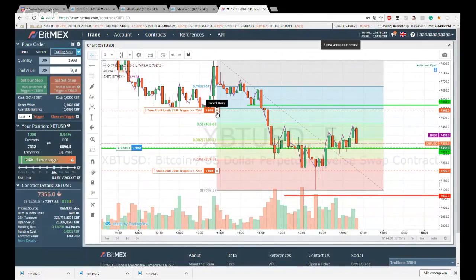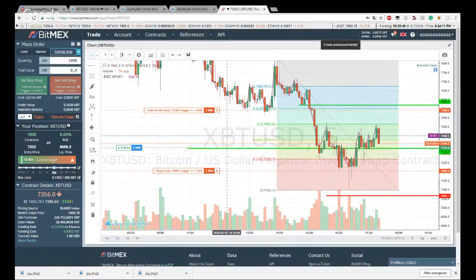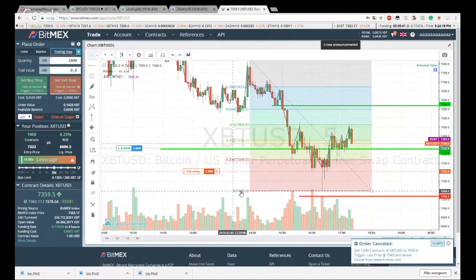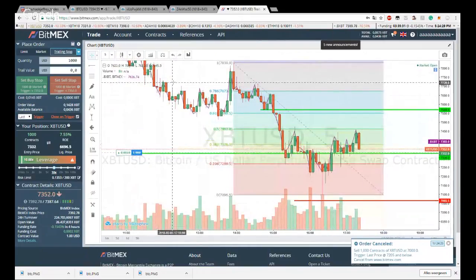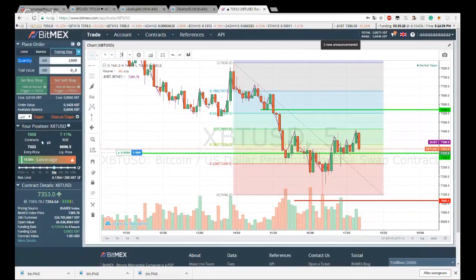And to demonstrate this, I will just remove the other two stops. There we go. Okay, so the quantity of contracts, this should always match your current contracts. Trail value. Now, what is trail value? I'm just going to put this at 200.